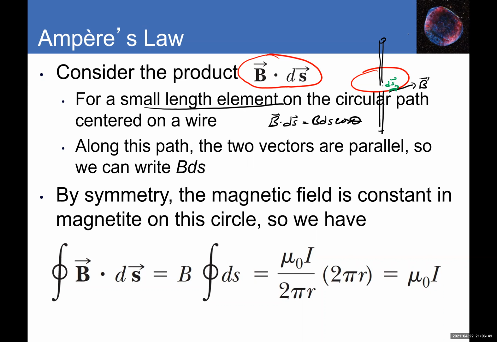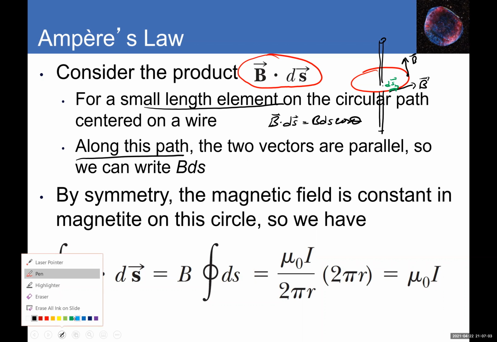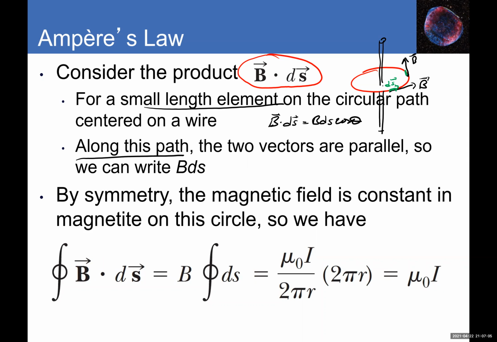Along this path, the two vectors, ds and the magnetic field, are always parallel. If I take this position, here's the magnetic field, tangent, and here's ds, parallel. They're all going to be parallel to one another. Then we can write it as B ds. Why? Because cosine theta is 1, since theta is 0 between them.